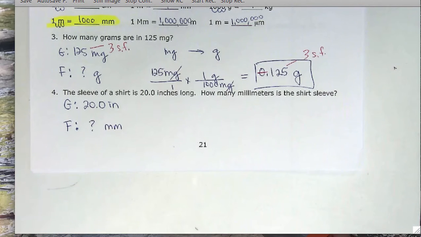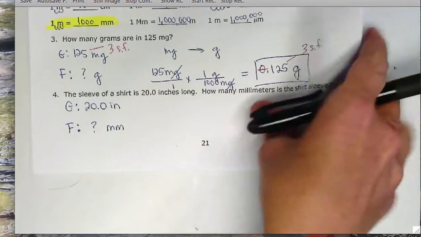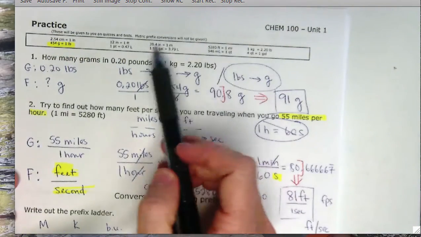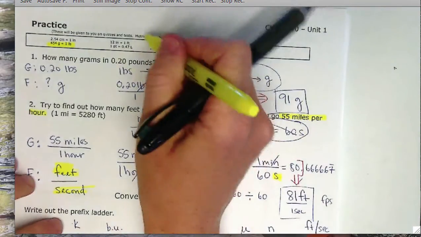Okay. Where are our conversion factors? Now there's some in the table at the top. Look at that little box at the top. Do you see one that we could use here? Inches to meters. It's a good one.